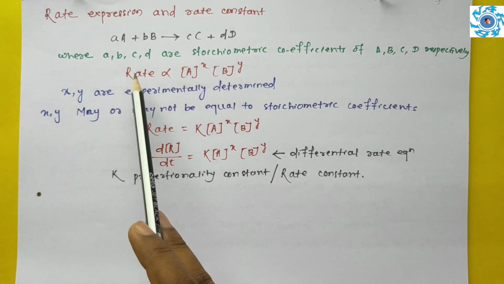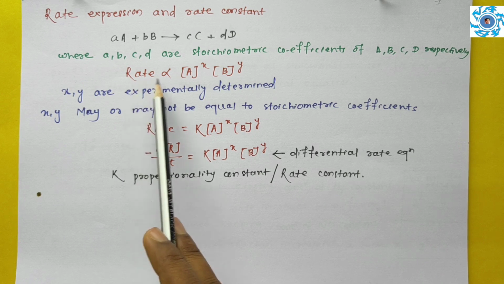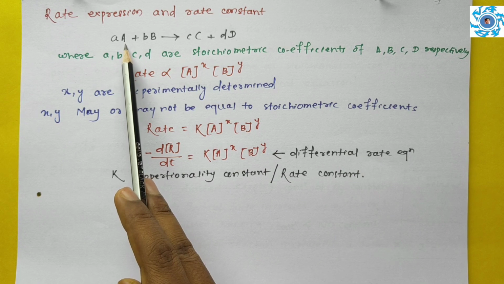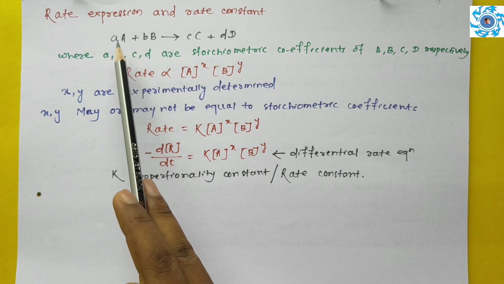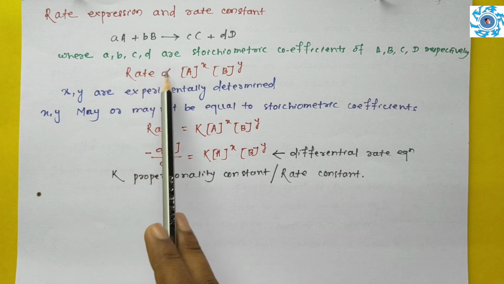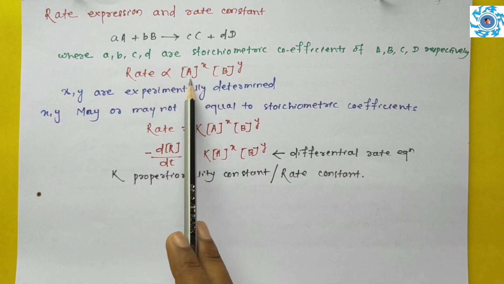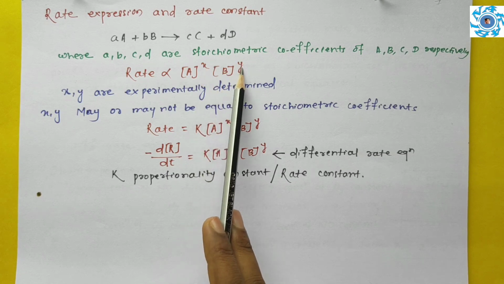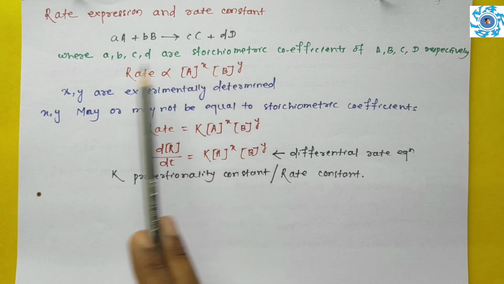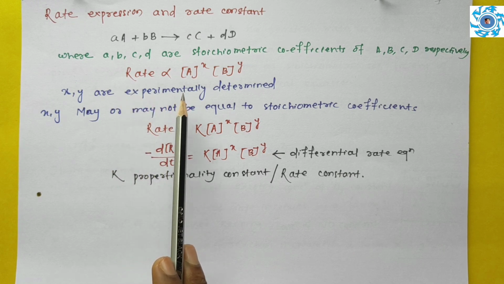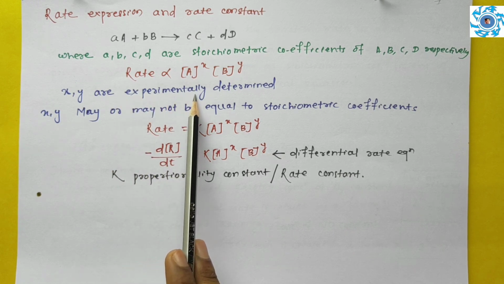So here the rate is directly proportional to the concentration of reactants. So here the reactants are A and B. So rate is proportional to concentration of A to the power x into concentration of B to the power y, where x and y are experimentally determined, that cannot be determined theoretically.